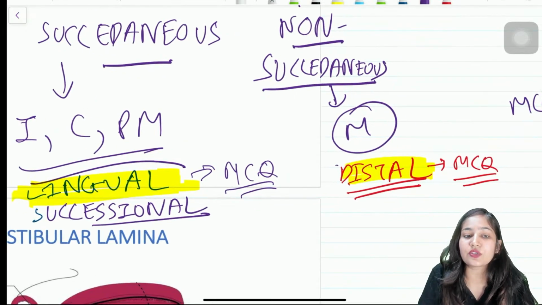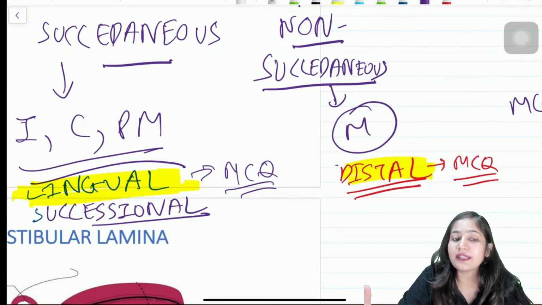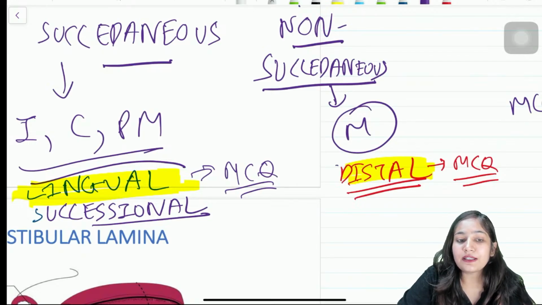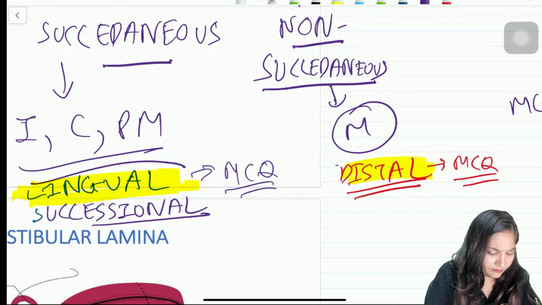For non-succedaneous teeth, that is our molars, the first molar will develop in the 4th month in utero, the second molar after birth, and the third molar in the 5th year after birth. Right.